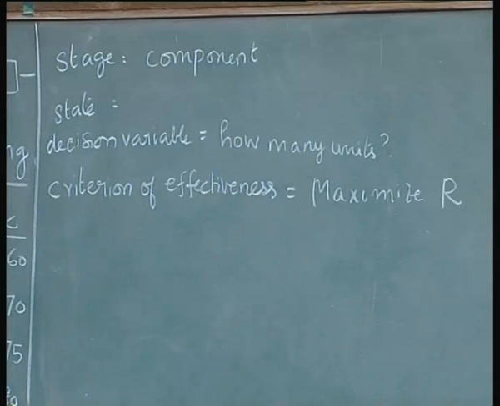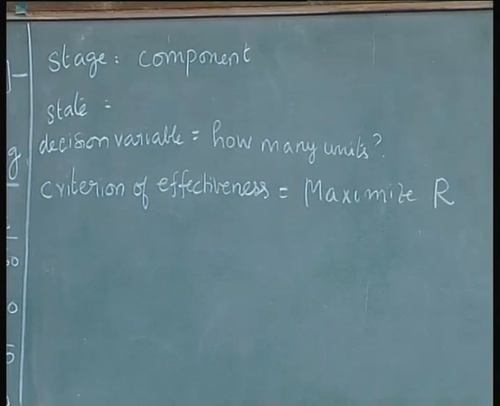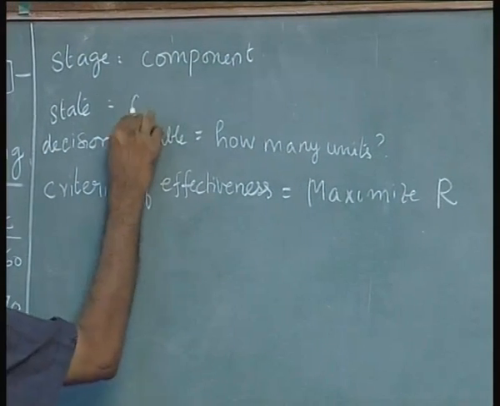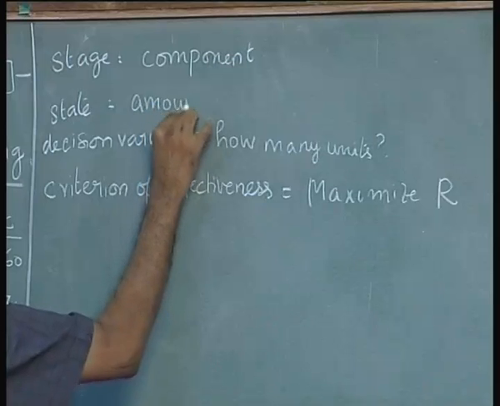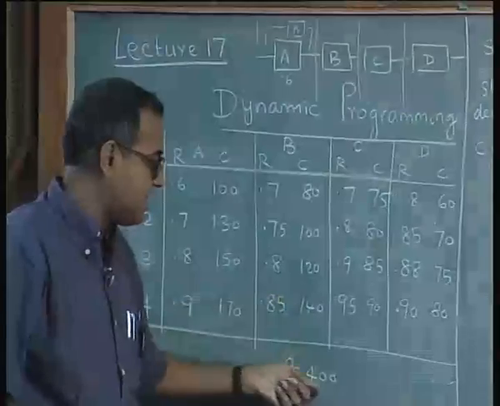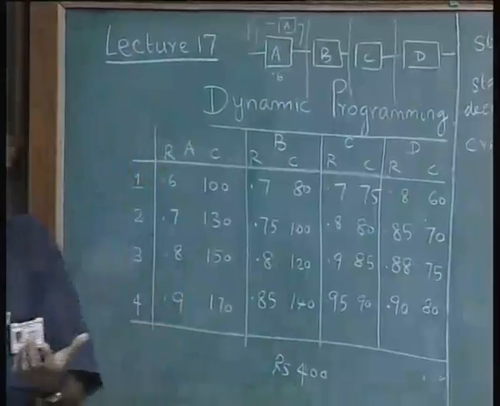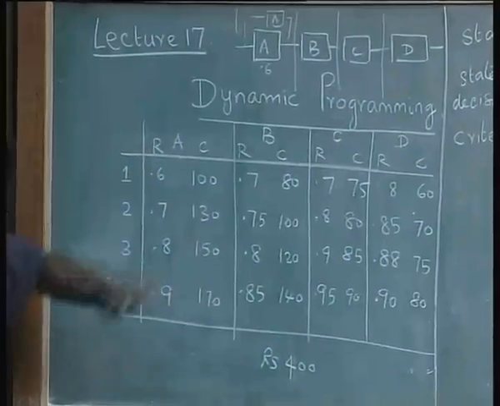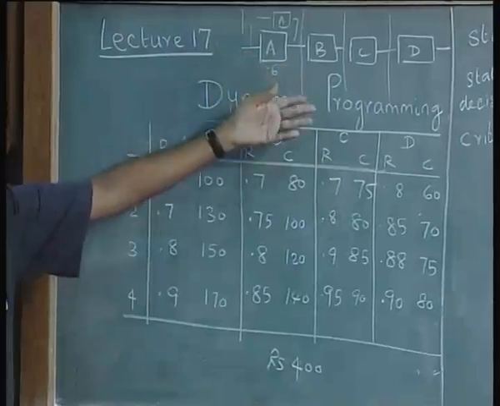Now what is a state variable? State variable in this example is the amount of money available for allocation, because the decision is going to be based on the resource that we have, and the resource in this case is the money. If we have unlimited money, then the decisions are obvious, try to put the maximum. But because there is a money restriction, depending on how much money is available to make a decision in every stage, the decision variable changes.